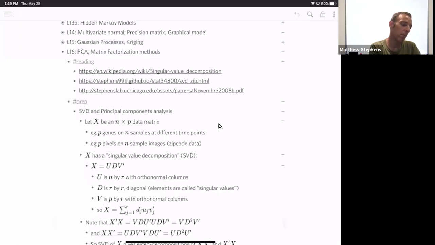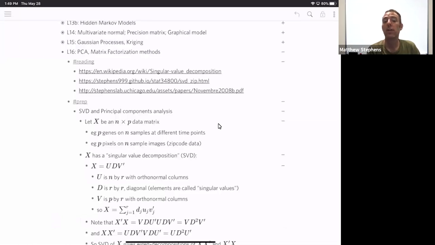So what properties will it have? Well, because of the orthogonality, when you multiply X transpose X, you get V D U transpose U D V transpose, and because U transpose U is the identity matrix, that's equal to V D squared V transpose, and V is orthonormal.